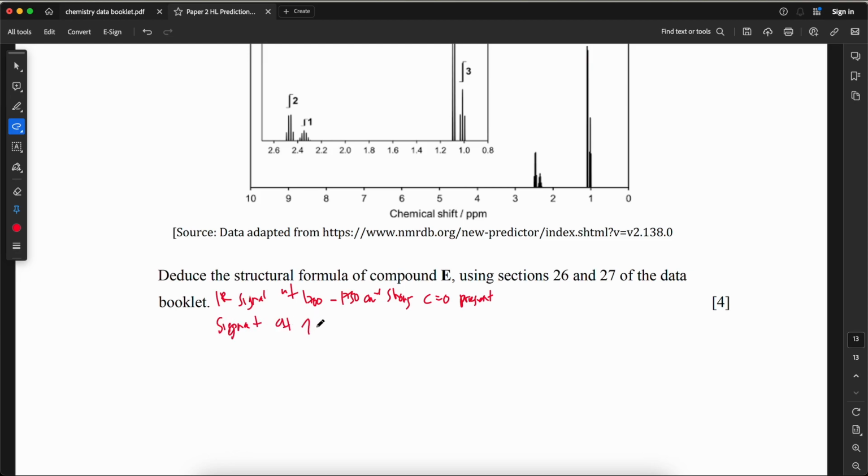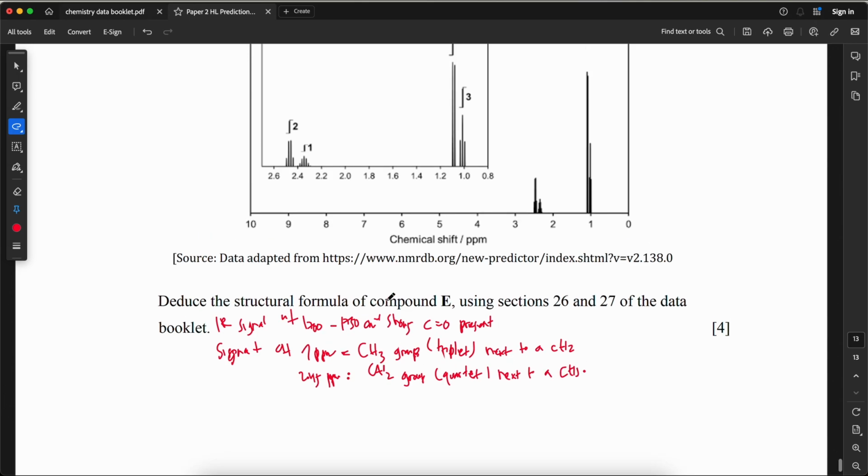There is also a signal at 1 ppm here, indicating a CH3 group as it is a triplet, so it is next to a CH2. There is a signal as well at 2.45 ppm, which would be a CH2 group, which is a quartet, next to a CH3 group.